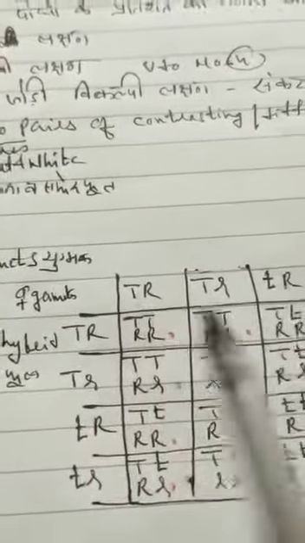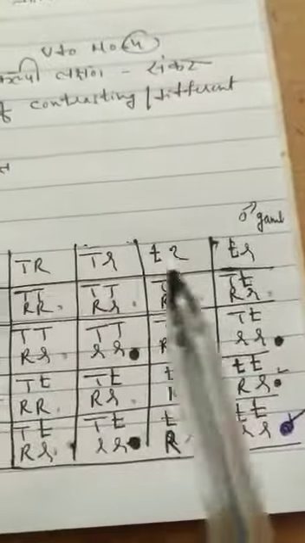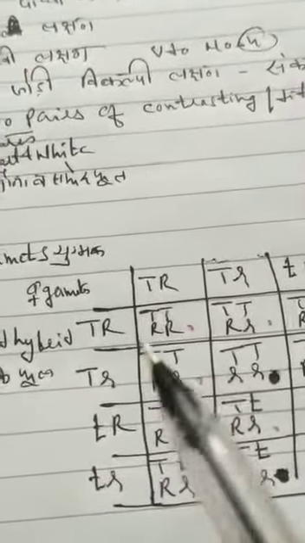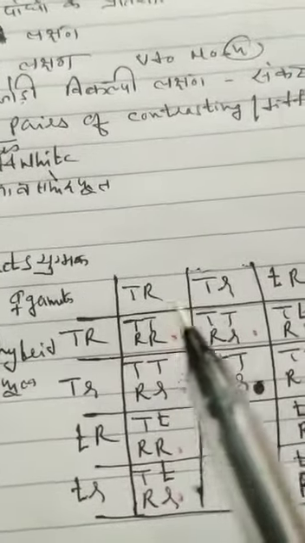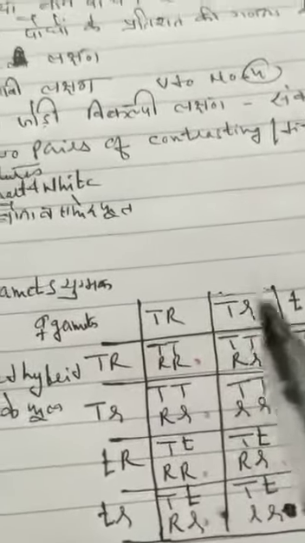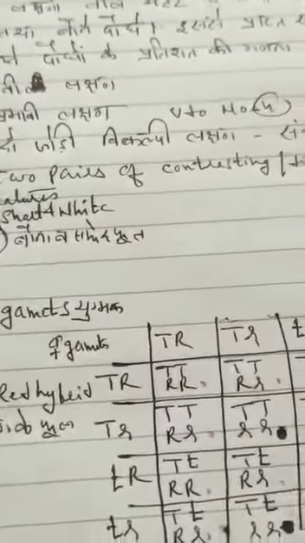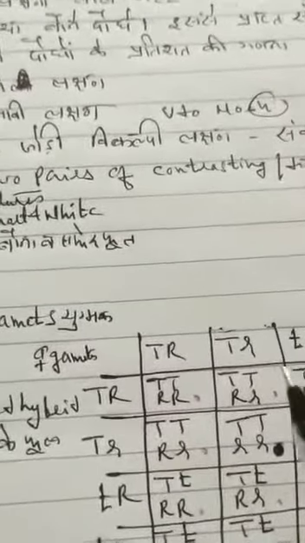We will write these gametes on the horizontal axis as well as on the vertical axis. Then we will simply join all these letters together, but we should remember that the capital letter should be written first and the small letter after the capital letter.